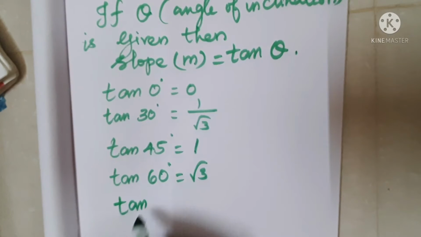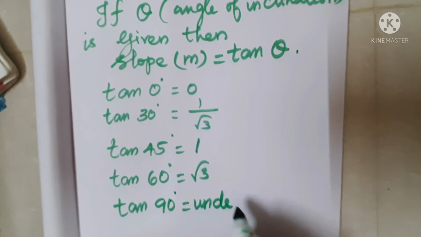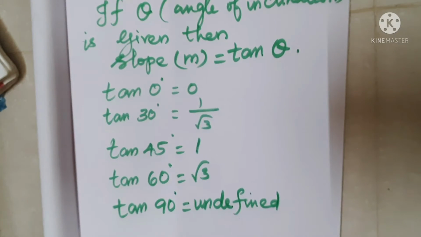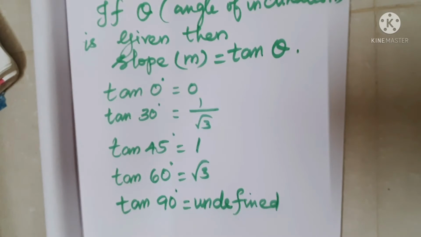Then tan 90 degree is undefined. If it is a vertical line, then we cannot find the slope. So here it is undefined. So for these values alone we find the slope.